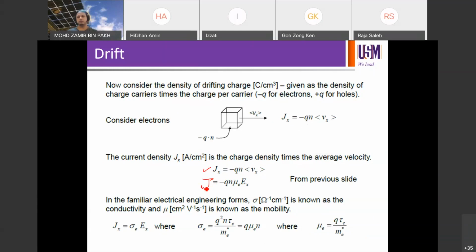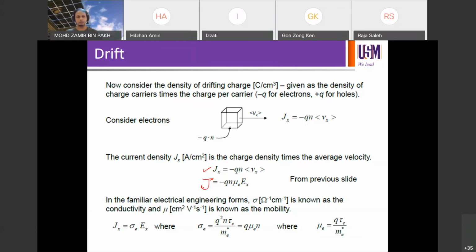When you have a drift component present in your semiconductor, due to the movement of your carriers, current density is going to be produced from each carrier. So you're going to have current density associated with hole and also current density associated with electron.